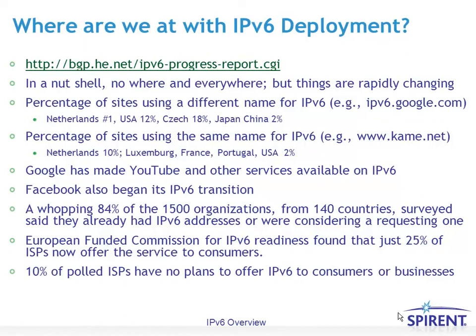As you can see, Google, Facebook has also made services available on IPv6. Lots of organizations are considering or have already made some progress in implementing IPv6, as well as there are service providers that have and have not made the change or even plan to make the change to IPv6.